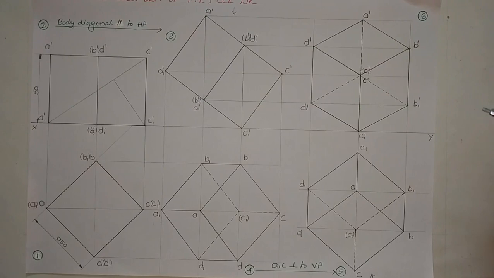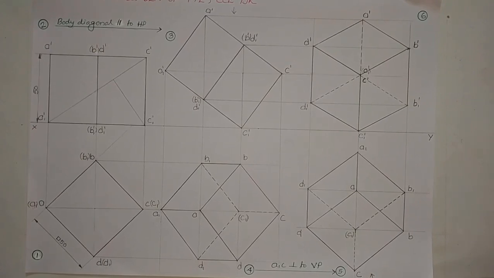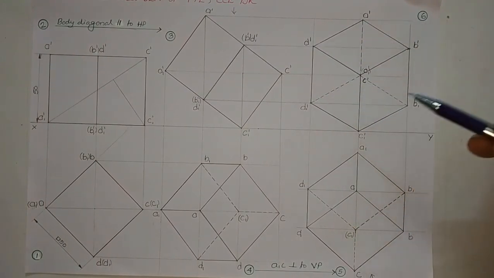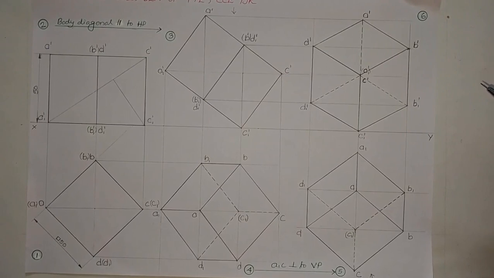Initially, when we started with the diagram in a simple front view and top view, the edge length is 50 mm in the actual case. When it comes to the last front view, each and every edge has got a length reduction.